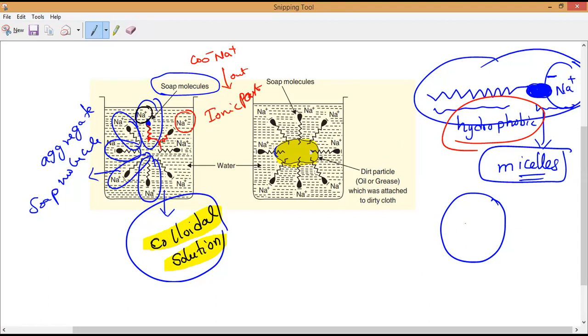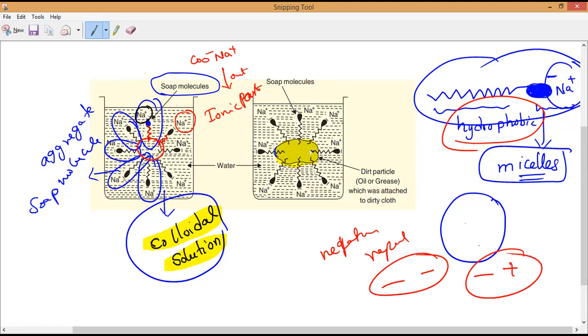Why does this happen? The ionic ends are directed outwards because the negative charges repel each other. As we know, same charges show repulsion and opposite charges show attraction.